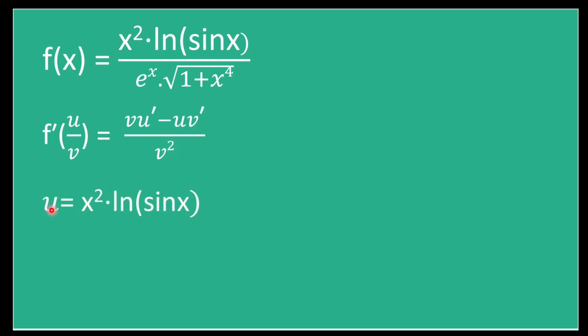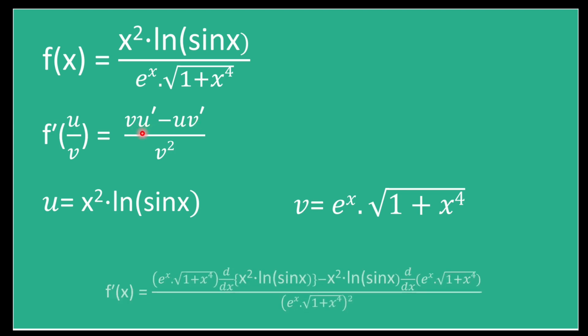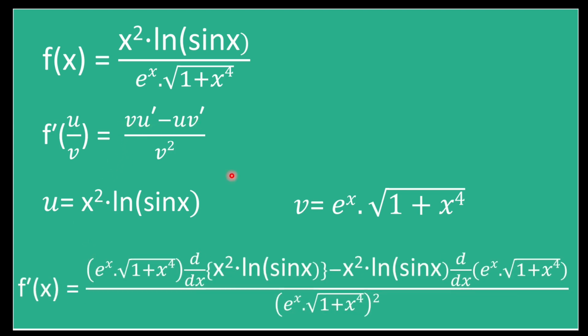So here we have u equal to x square ln sin x, and we have v equal to e^x into square root of 1 plus x to the power 4. So let's put these values in this formula. So v means this value, and then u' means the differentiation of u.